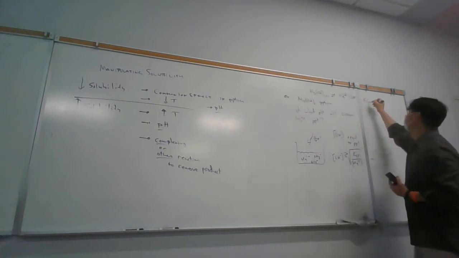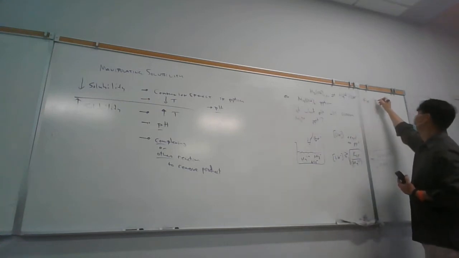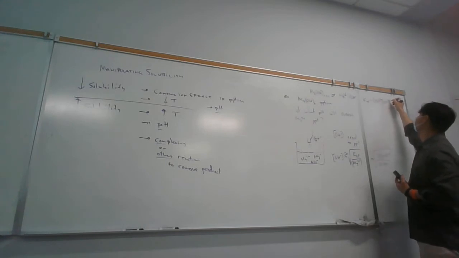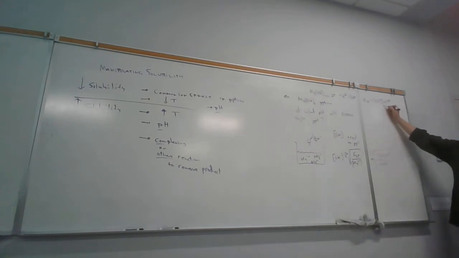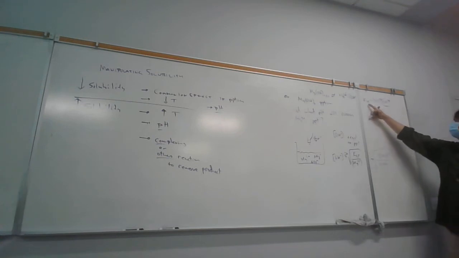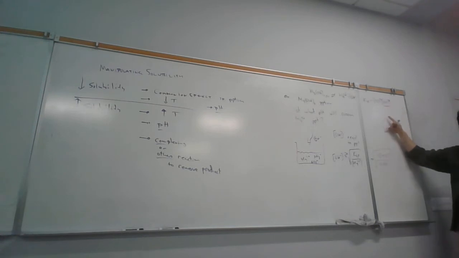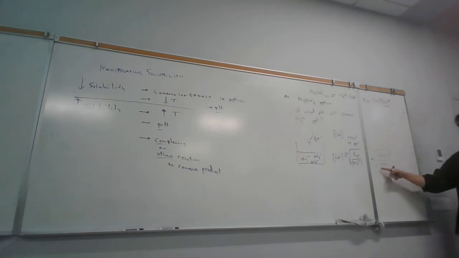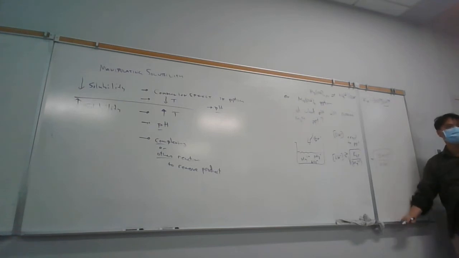And so therefore the KSP is going to equal magnesium concentration times the hydroxide ion concentration squared. What I'm doing is solving for hydroxide. When I solve this for hydroxide, I'll take the KSP divided by the magnesium, and then I want to get rid of the square by square rooting it. So this is why it's square rooted.